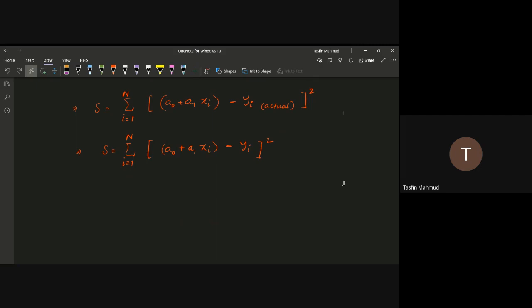From the idea of derivative, we know that whenever we want to find the minima of anything, we have to take the derivative and then equate it with 0. So we will do the same thing here. We are going to take the derivative of this error s with respect to a naught and a1, because we are actually minimizing the error with these two coefficients. So we are going to take the derivative of s with respect to a naught and a1.